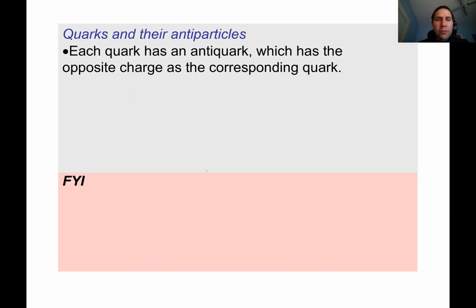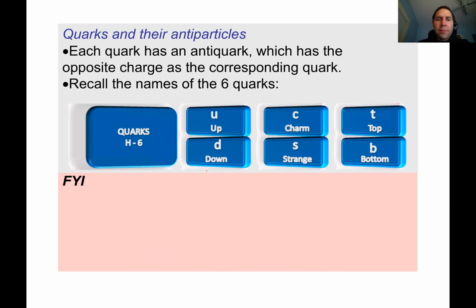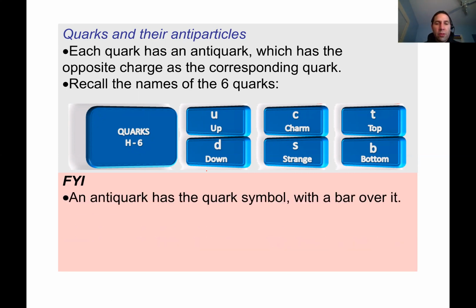Quarks have antiparticles. We talked about the 6 quarks: up, down, charm, strange, top, and bottom. For every up quark, there's an anti-up quark, okay? For the down quark, there's also a version which is very similar in its properties, but negatively charged, and that would be an anti-down quark.